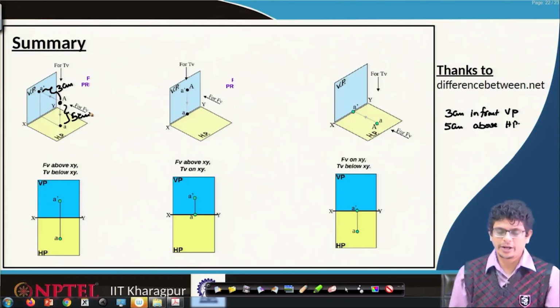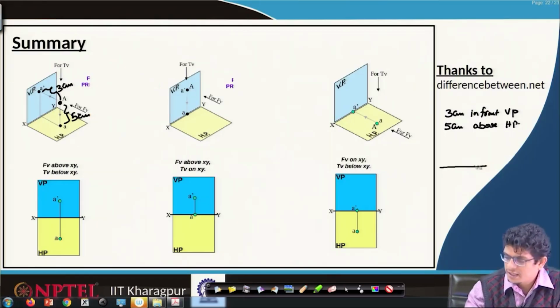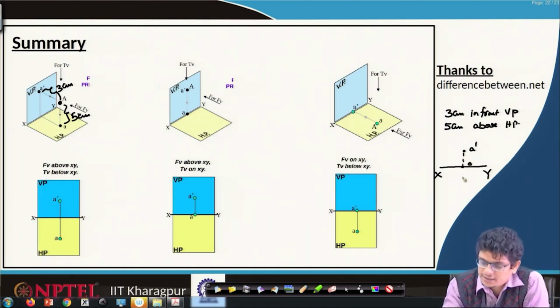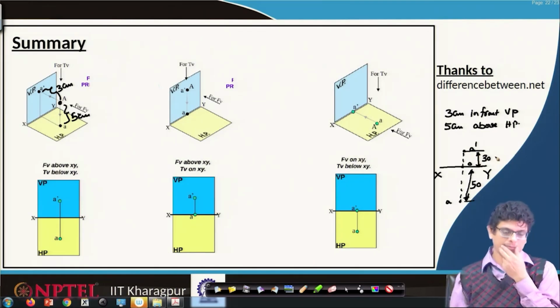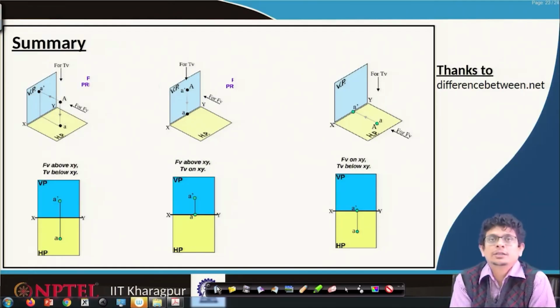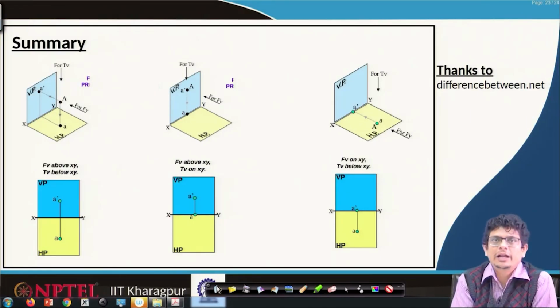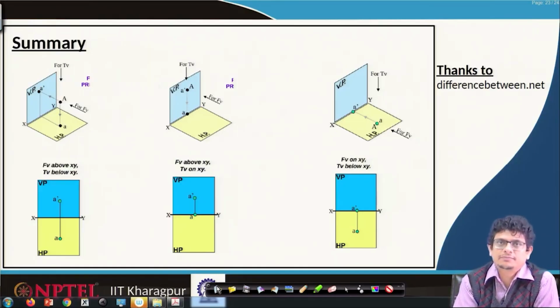That means, if we are drawing this xy plane, above that locate a point A dash, call this one O, project it. Similarly, this point is A, project it, so that this dimension becomes 50 mm and this dimension becomes 30 mm. So, in the next class we will learn more about line projections. Thank you very much.